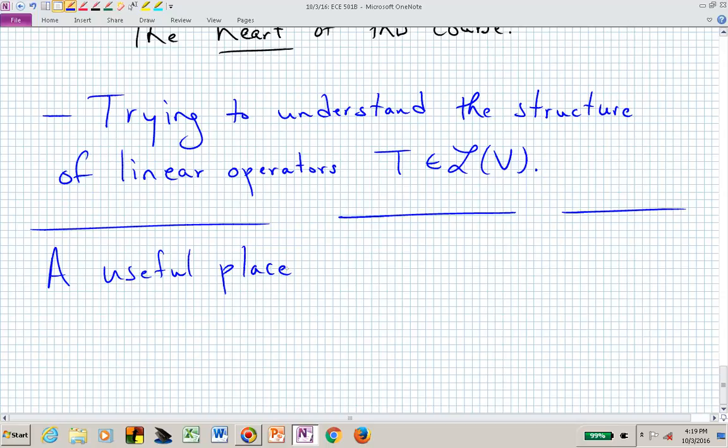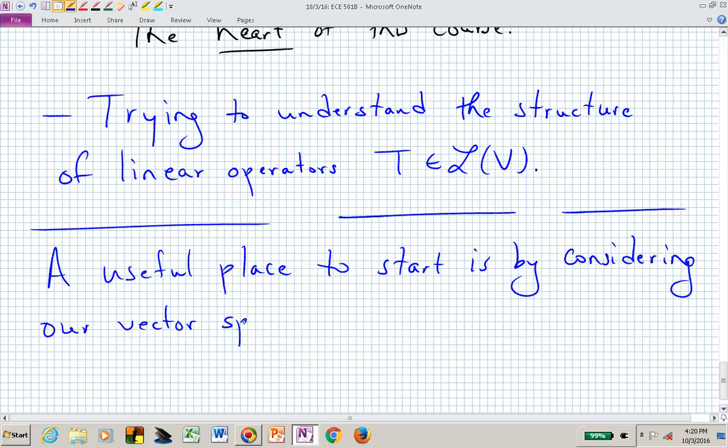A useful place to start this discussion of operators is by considering our vector space as having a direct sum decomposition.